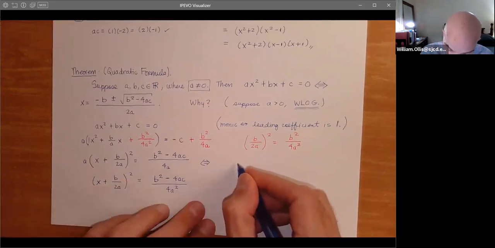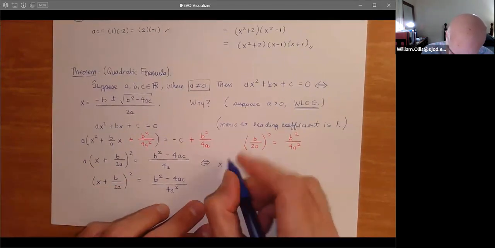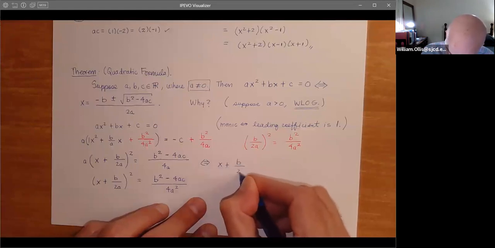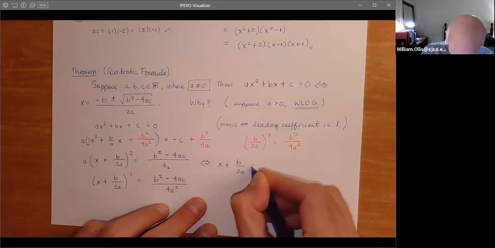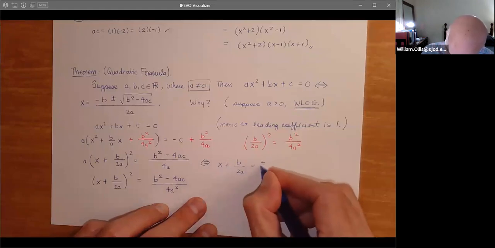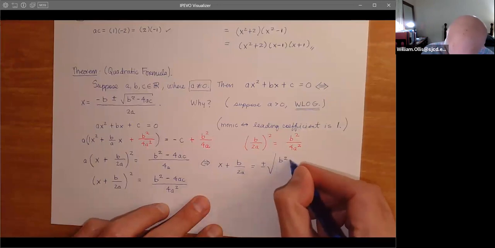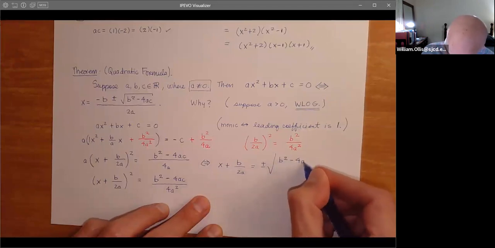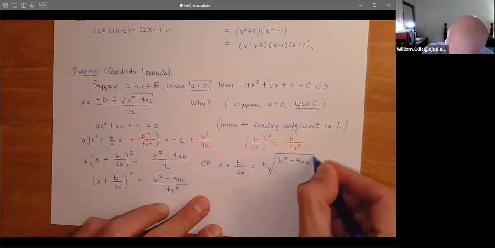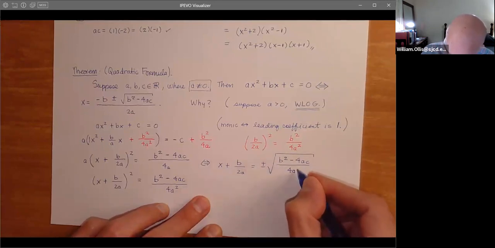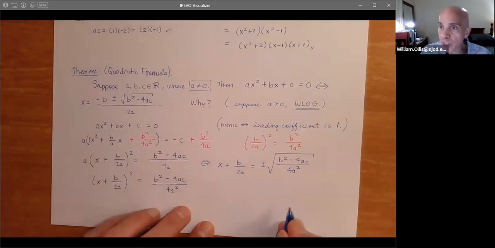So now applying the square root property, x plus b over 2a now equals plus or minus the square root of b squared minus 4ac divided by 4a squared. Now, of course, the denominator is a perfect square. We know what that is.